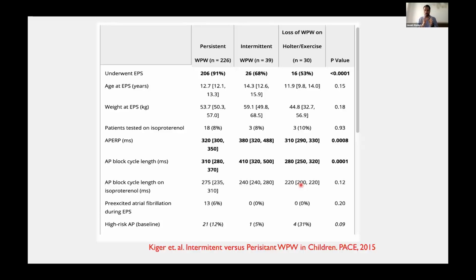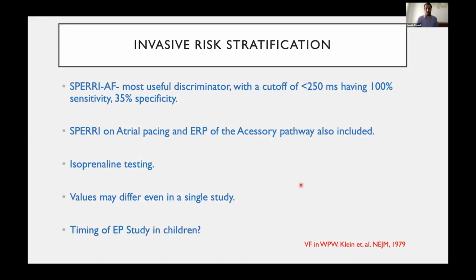So let's focus on something which all the consensus statements and guidelines talk about. Now coming to invasive risk stratification: people in whom we are not able to risk stratify on non-invasive tests. For such patients, risk stratification has to be done by invasive testing, which is the electrophysiological study.